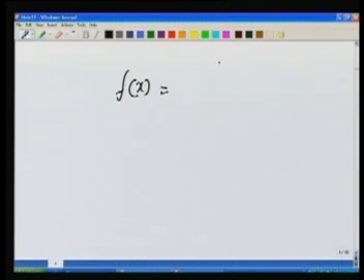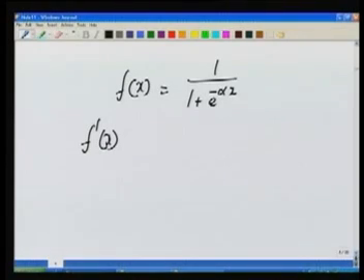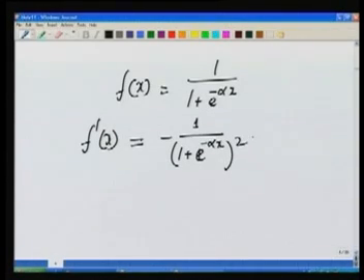We had an activation function of the form 1 upon 1 plus e to the power minus alpha x, and I said that the differentiation of this activation function is very simple to compute. If you do that, you get 1 upon the square of this, and then you differentiate this.